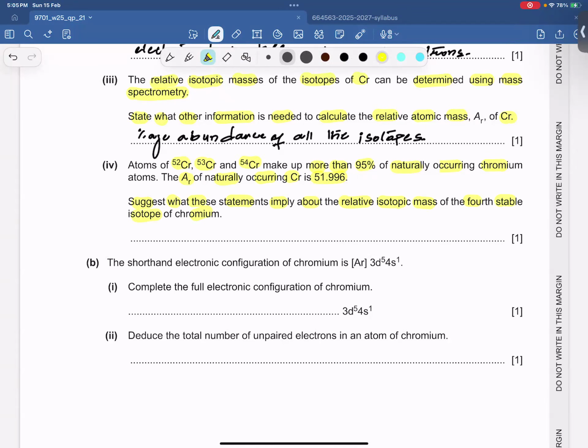I believe the relative atomic mass is 51.996, which means the relative isotopic mass of the fourth chromium isotope should be lower than this value. So what can we write here?